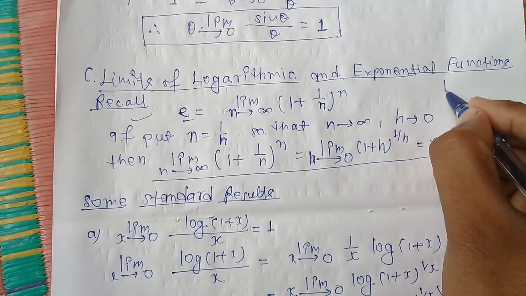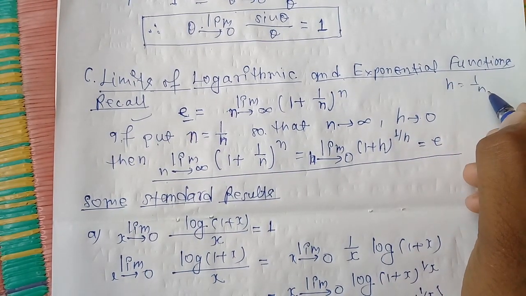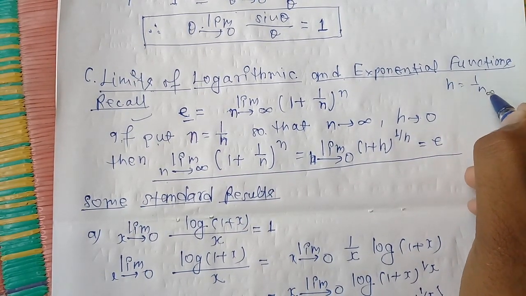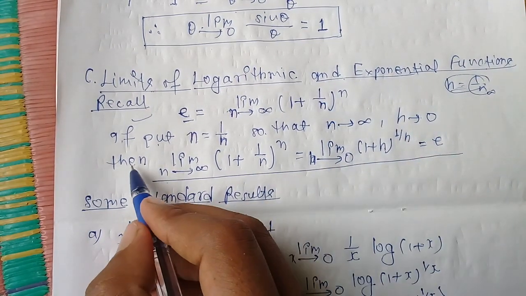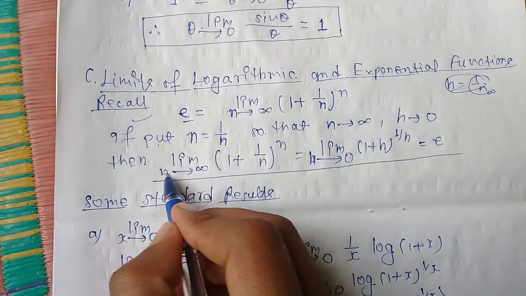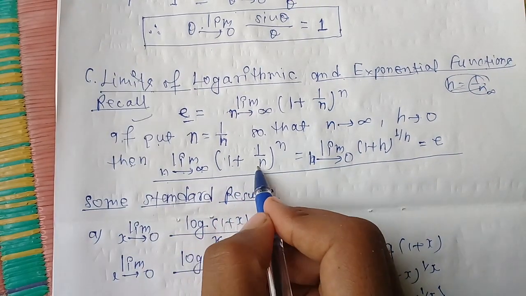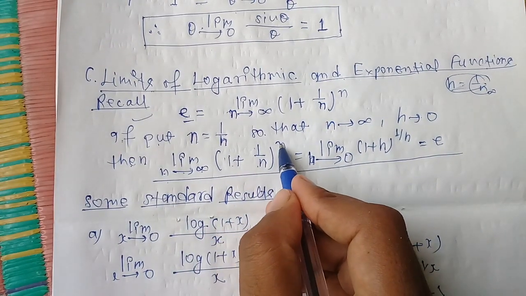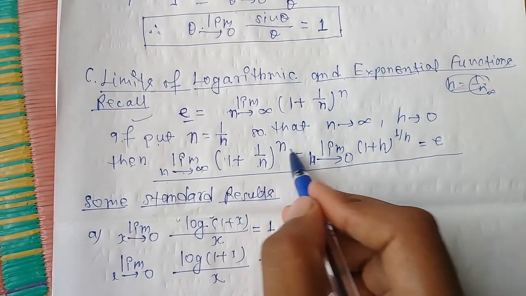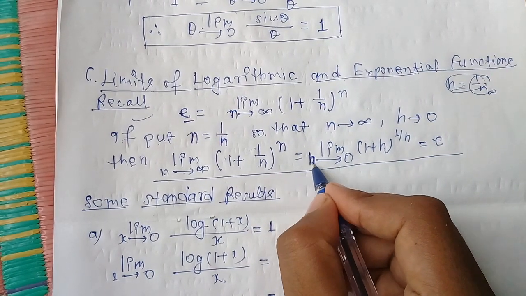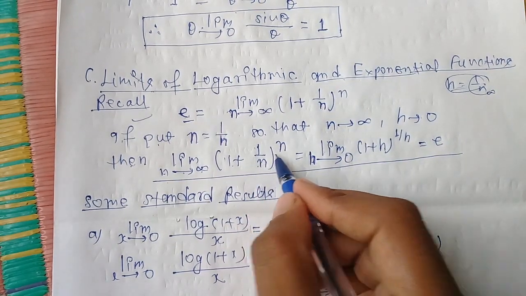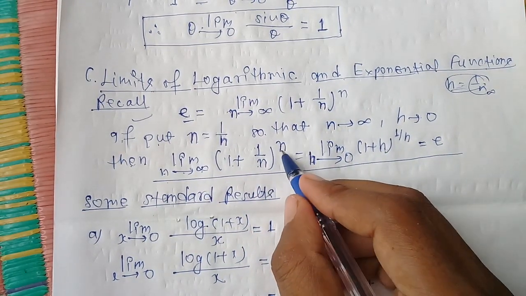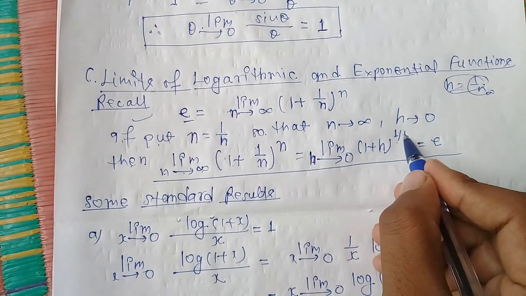So the limit as n tends to infinity of (1 plus 1 by n) to the power n becomes the limit as h tends to 0 of (1 plus h) to the power 1 by h.